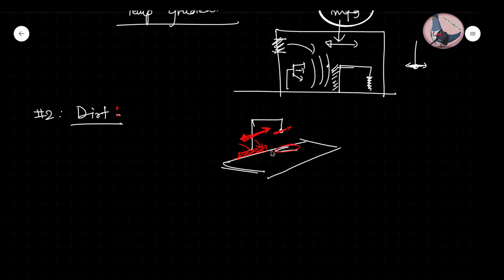And suppose you feed some data that the probe should move by some 10 centimeters. Because of this dirt, it might not move 10 centimeters. It will just move 9.1 or 9.99. So this 0.01 mm deviation will be there just because of this dirt, which has not allowed the movement of this particular system.